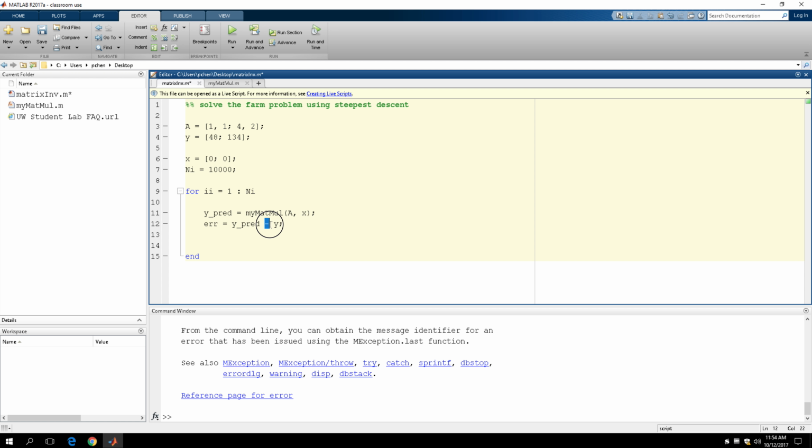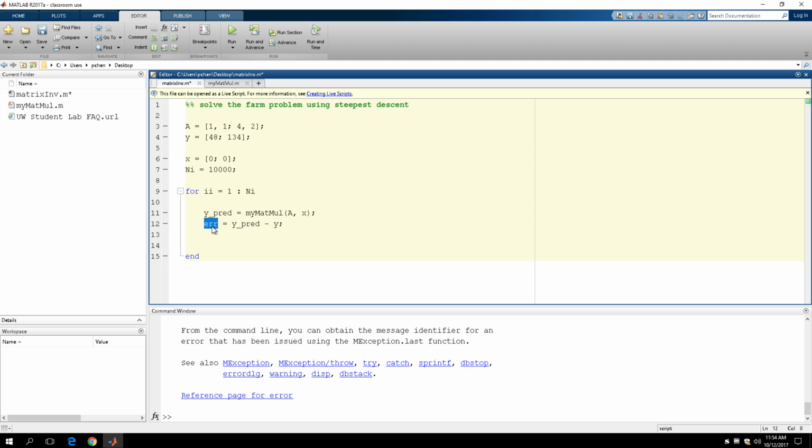In MATLAB, this subtraction, just like addition, by default does a component-wise subtraction. It uses the first element of y_pred to subtract the first element of y, and then the second element of y_pred to subtract the second element of y. The results of these two subtractions go into the ERR vector.